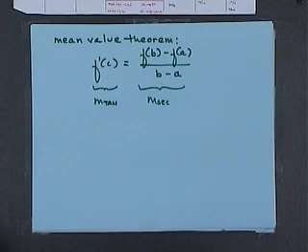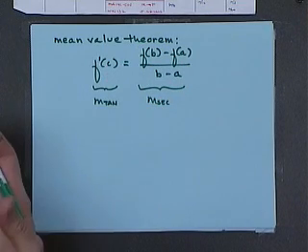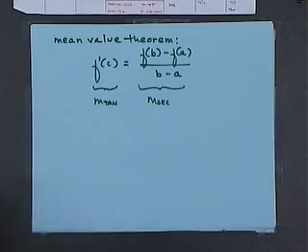So let me read these directions, and we'll apply them to this problem. Determine whether the function satisfies the hypotheses of the mean value theorem on the indicated interval. If it doesn't satisfy the hypotheses, we can stop there because it's not necessarily true.